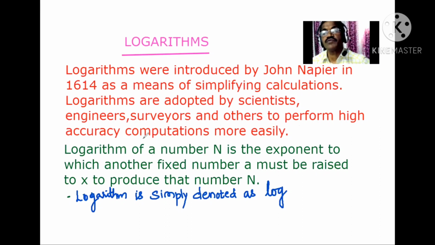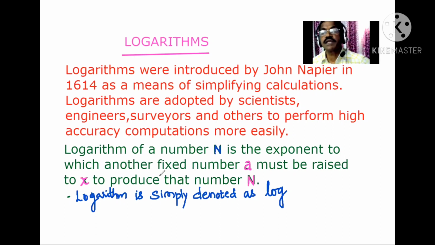So what is the definition of logarithm? The logarithm of a number n is the exponent x to which another fixed number a must be raised to produce that number n.